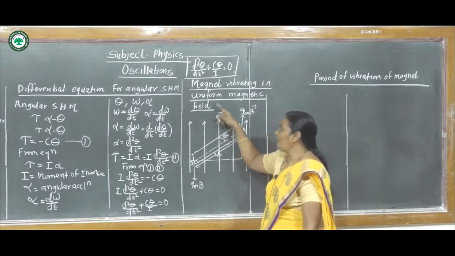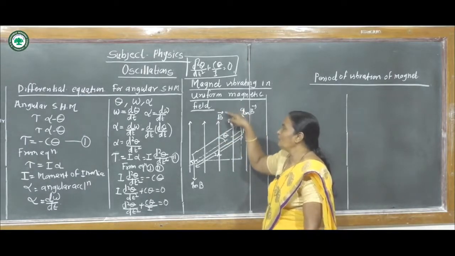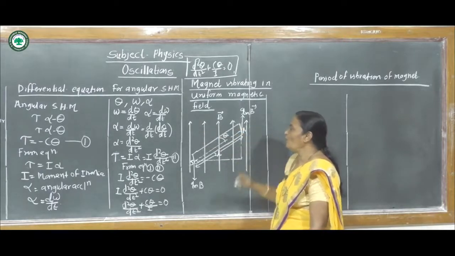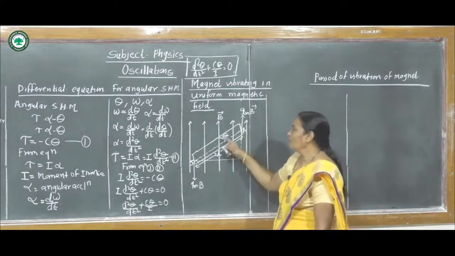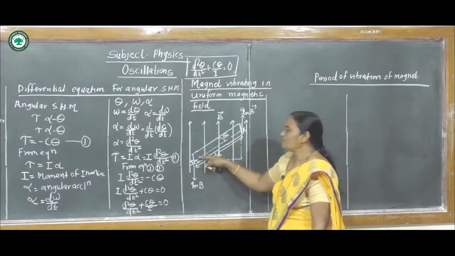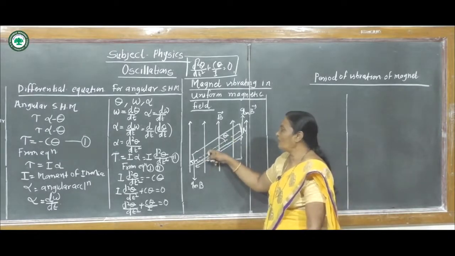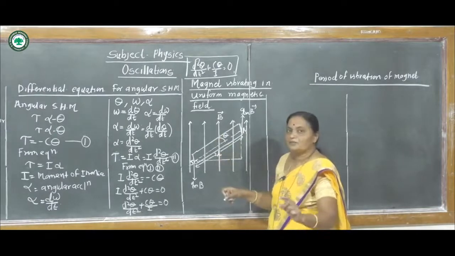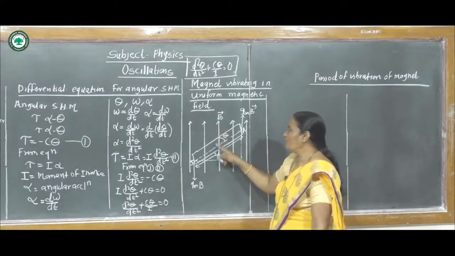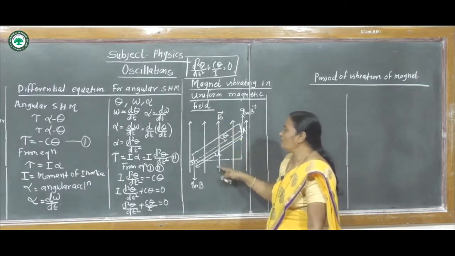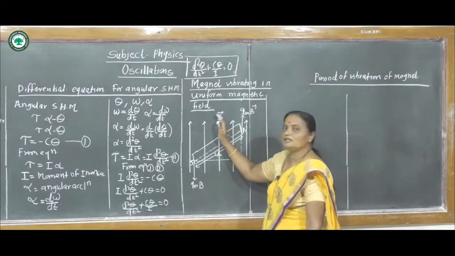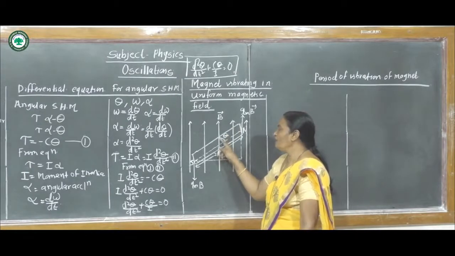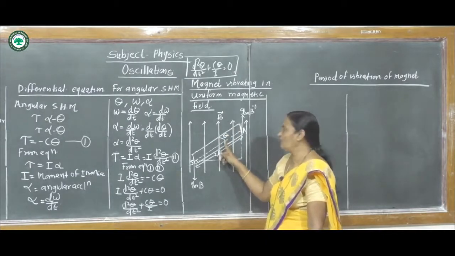When the bar magnet is suspended in a uniform magnetic field, due to the magnetic field it performs oscillation. When it is at equilibrium, it is parallel to these lines, and in the deflected position there is an angular displacement theta.